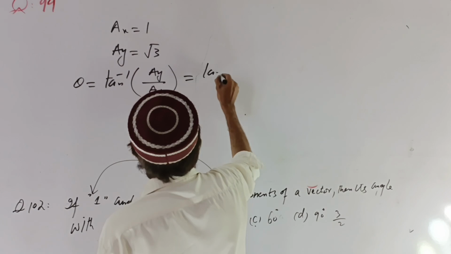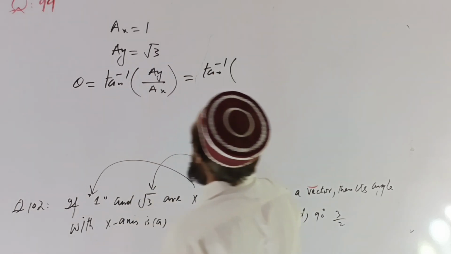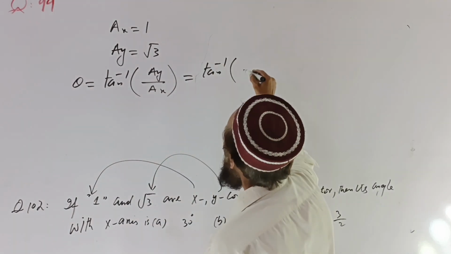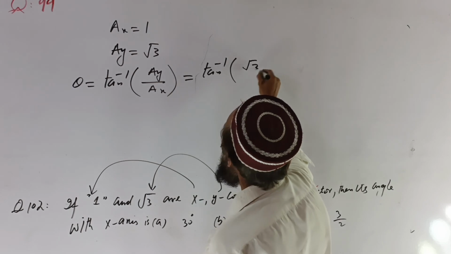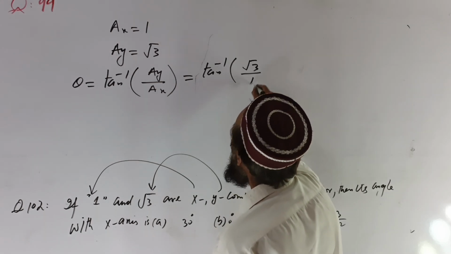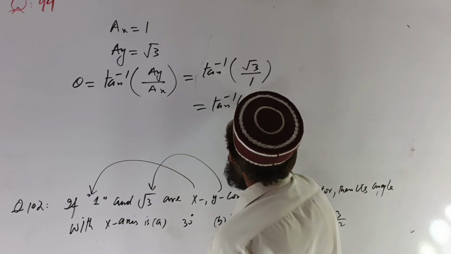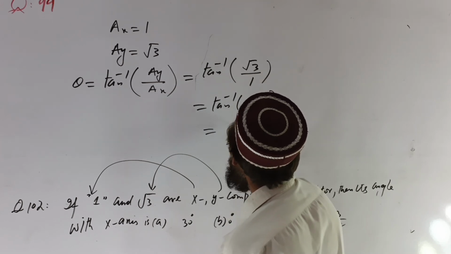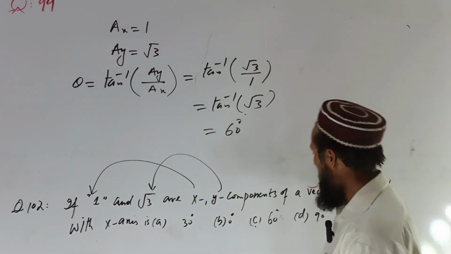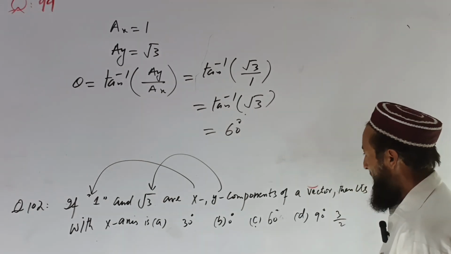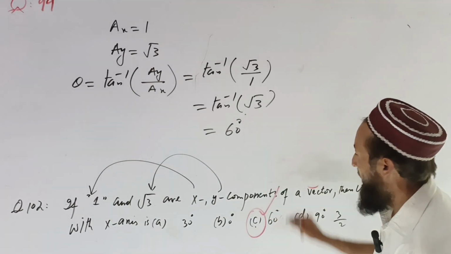So we get tangent inverse of root 3 divided by 1. So tangent inverse root 3 will be 60 degrees. We check, and here the correct option is C.